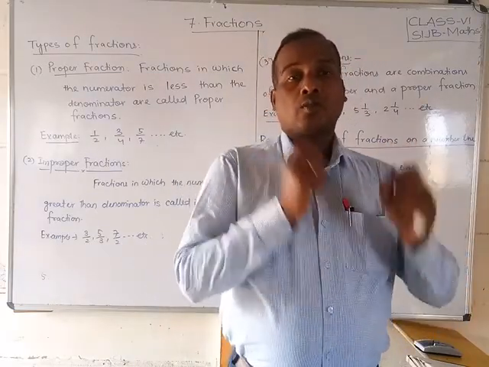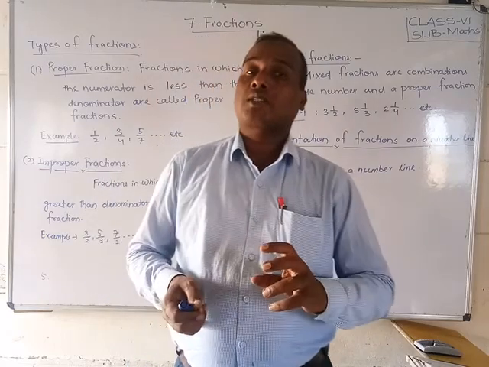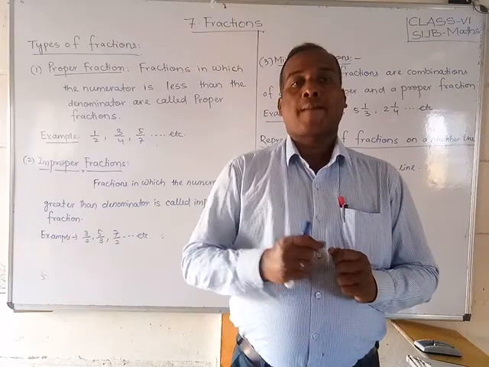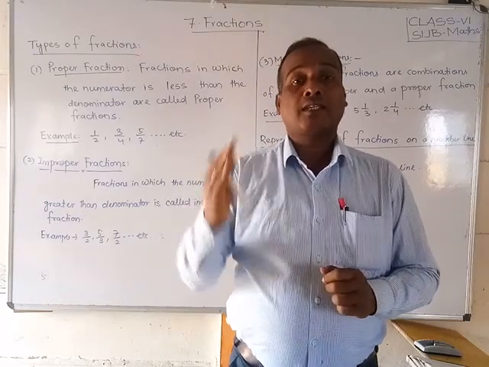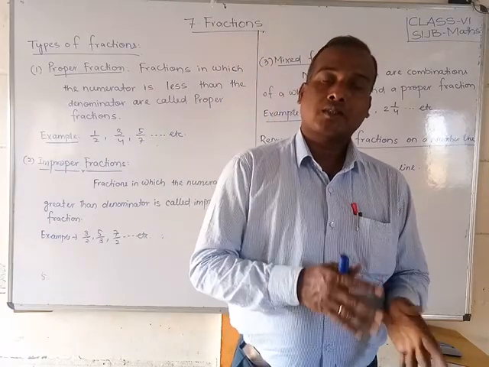If the numerator is less than the denominator, that fraction is called a proper fraction. If the numerator is greater than the denominator, that fraction is called an improper fraction.